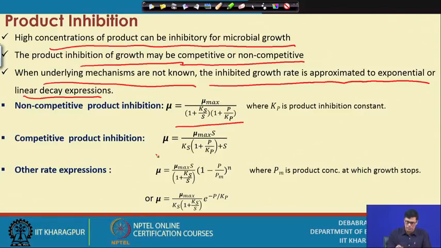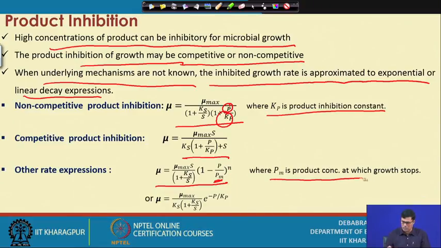Non-competitive inhibition, as we mentioned before, has a similar type of expression, only S is replaced by P, where Kp is the product inhibition constant. In case of competitive inhibition, we have a similar type of expression. And in case of the other, linearized expression, we can have mu equal to mu max S by Ks plus S, times 1 minus P by Pm to the power n.